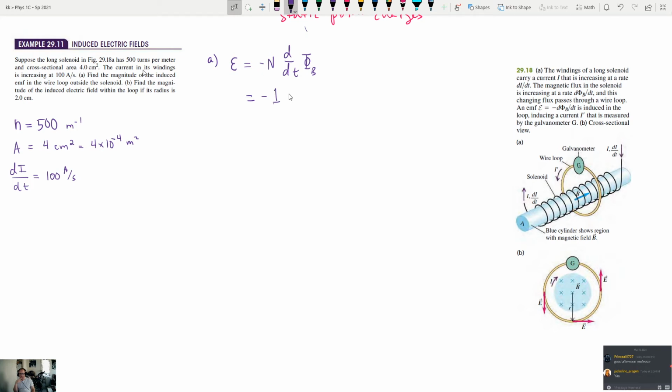So it's negative 1 times d/dt of, we need to plug in here B times A. B is equal to the magnetic field of a solenoid, so mu naught times little n times I. And then we just pull everything out except for the current.